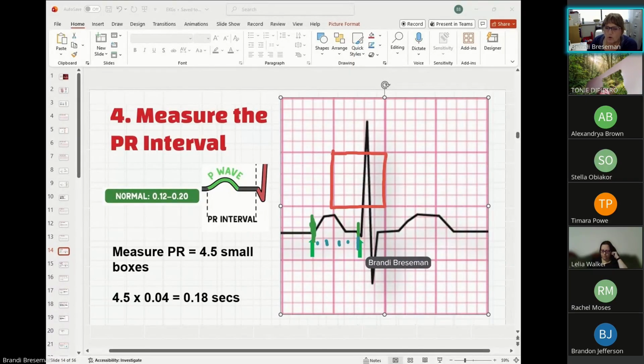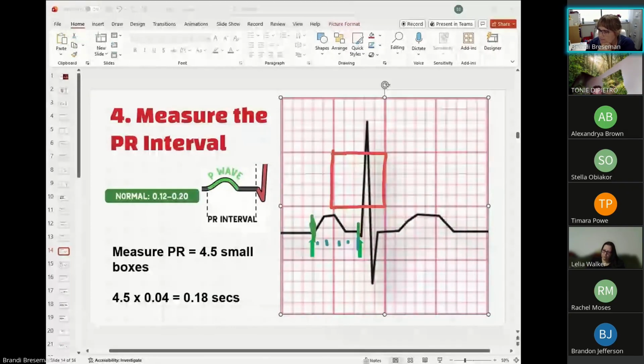So we have 4.5 small boxes. Each small box is worth 0.04 seconds. So if we multiply 0.04 seconds by 4.5 small boxes, you're going to come up with 0.18 seconds.